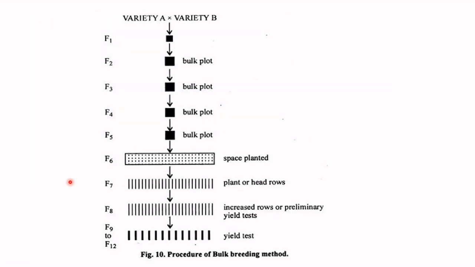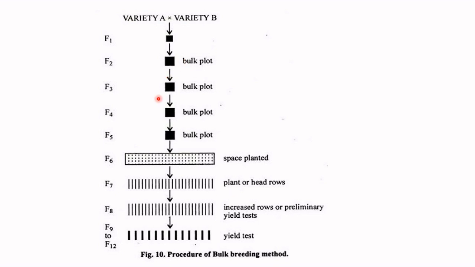So what is this? In early generations, in F2 and F3 generations, selection for quantitative traits is not favorable because quantitative traits are controlled by polygenic genes. Selection of polygenic traits is usually recommended at the later stage from the immortal lines and not from the mortal lines.